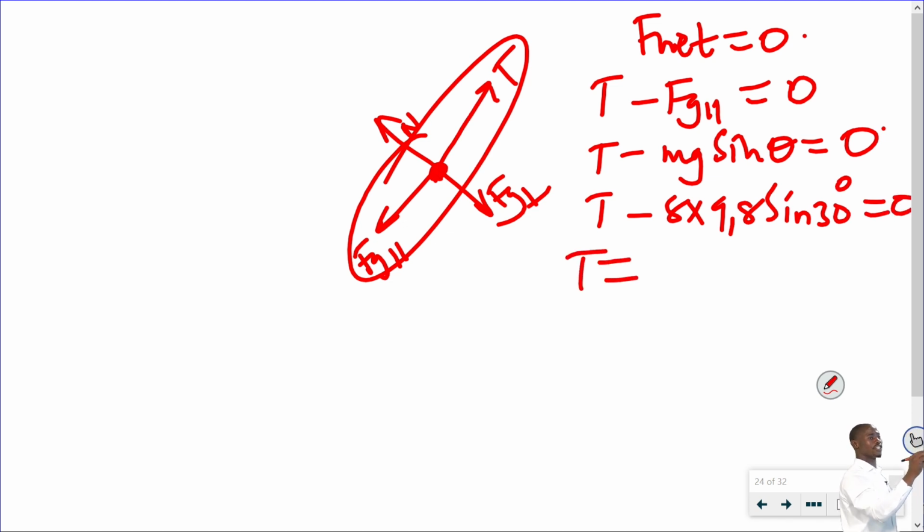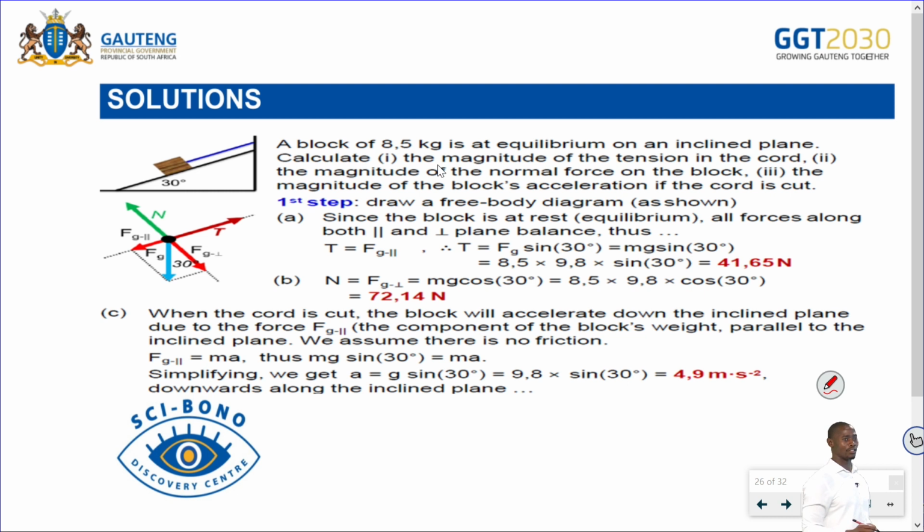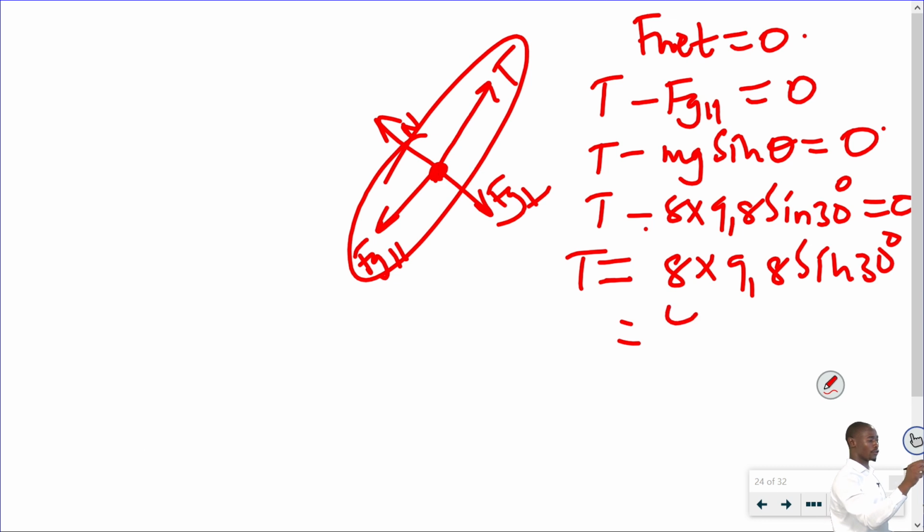So your tension will be equal to, transposing this, 8.5 times 9.8 sine 30 degrees. So what is the magnitude of tension? The magnitude of tension is 41.65 newtons. Okay, 41.65 newtons.